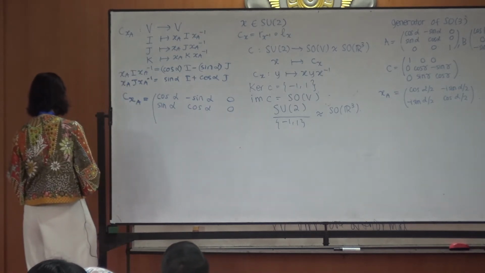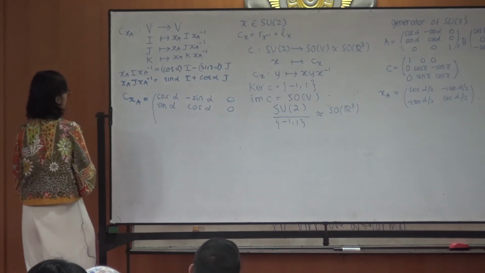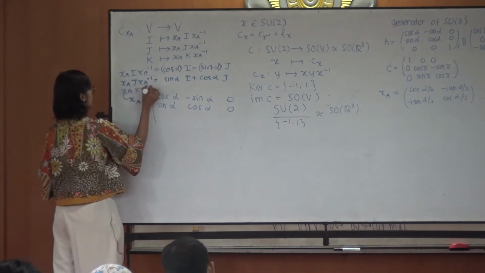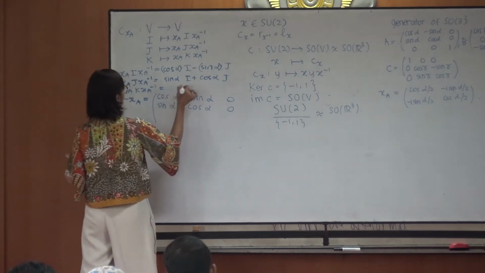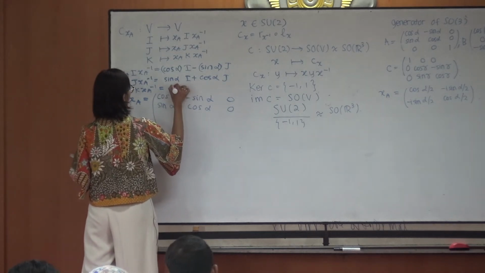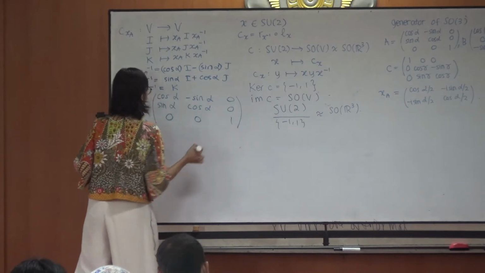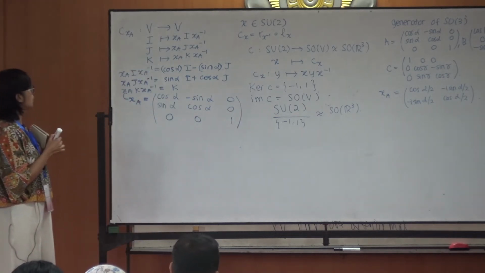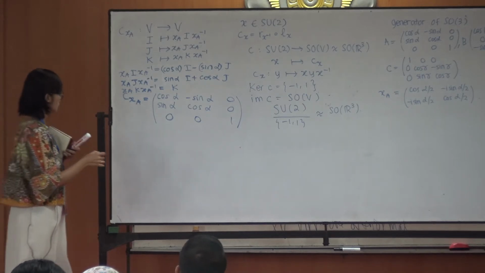For K you can guess, though I didn't write it down here, XA K XA inverse is K. So this gives us 0, 0, 1. And this is for A.